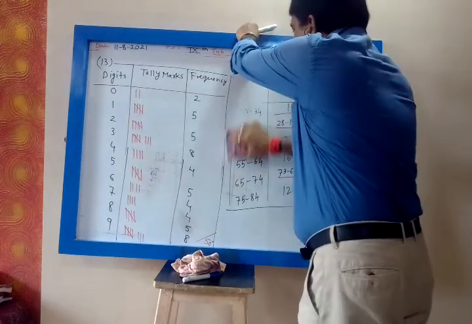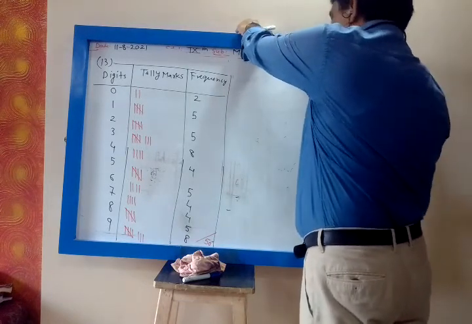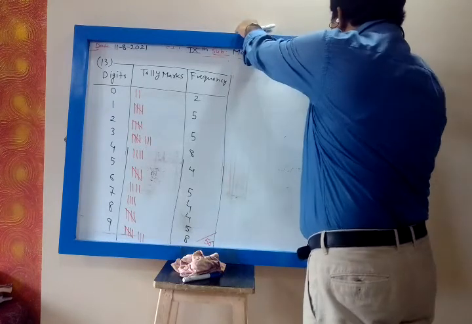What is the most occurring digit? 3 and 9, because they occur 8 times.